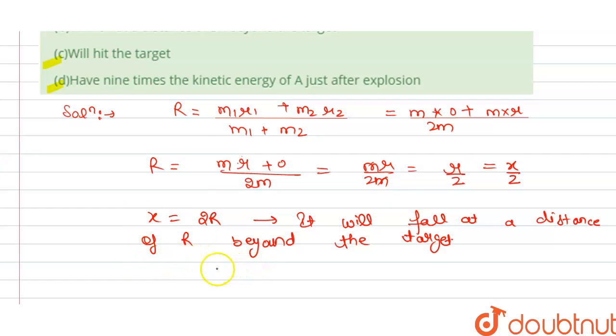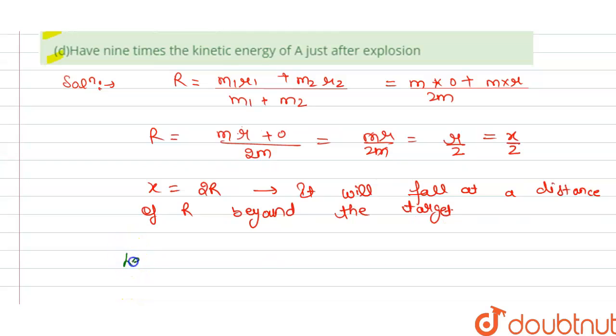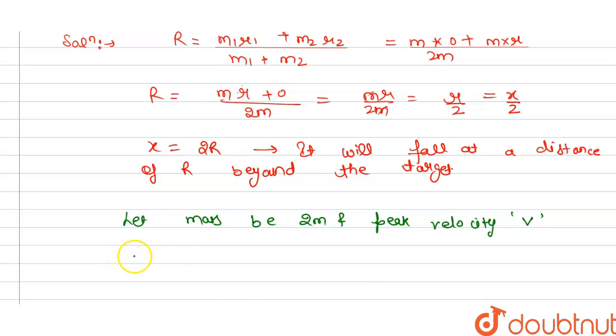Let the mass be M, let the total mass be 2M, and the peak velocity is V. So the part that went back into the cannon will have the velocity minus V. So it must be negative.